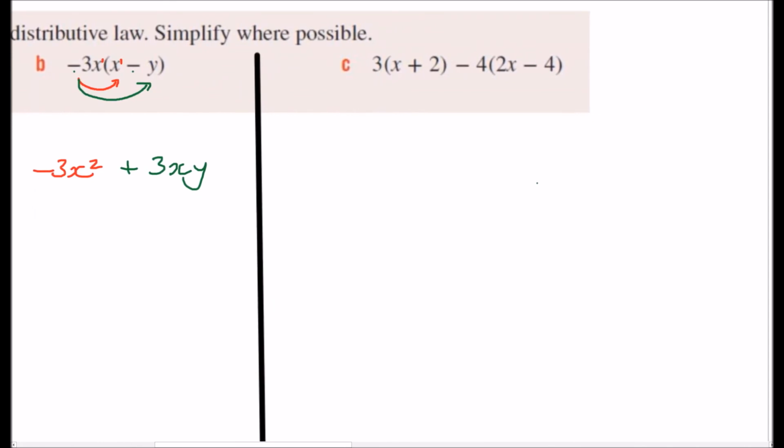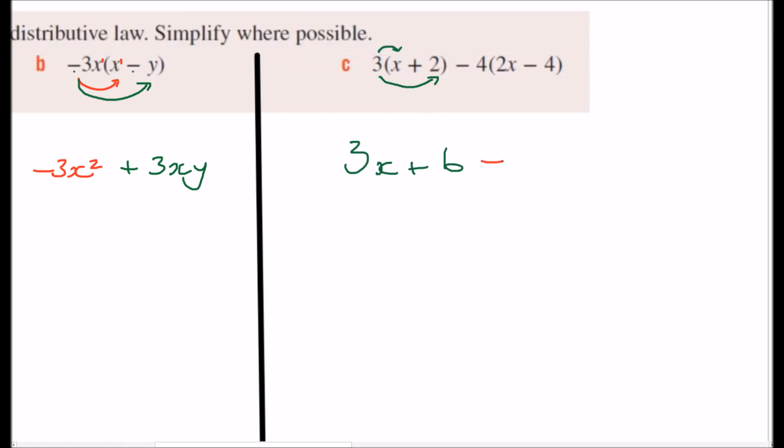This one here is exactly the same thing, except now you're going to do it twice, and then you're probably going to have to simplify them. So let's do these together. 3 times x is the first one, 3 times 2 is the second one. So 3 times x will give you 3x plus 3 times 2 is 6.